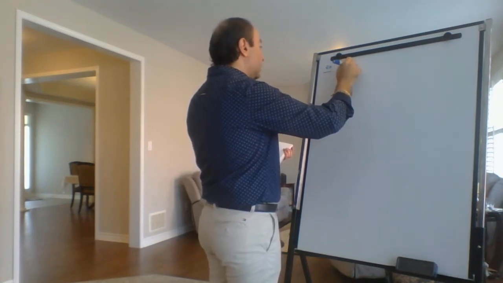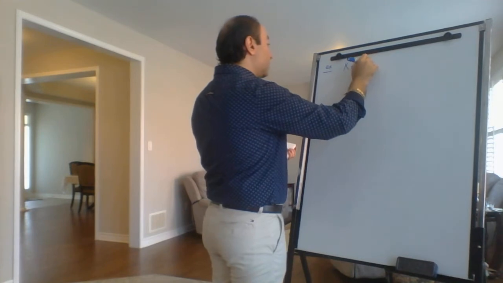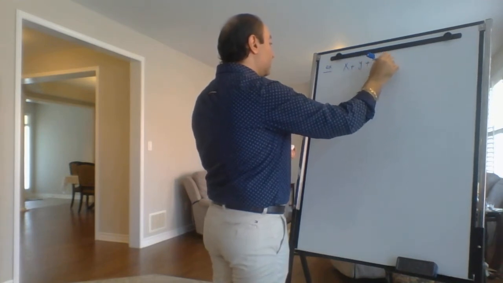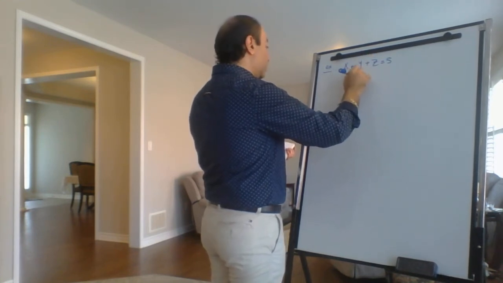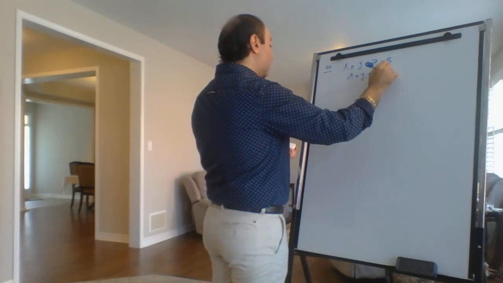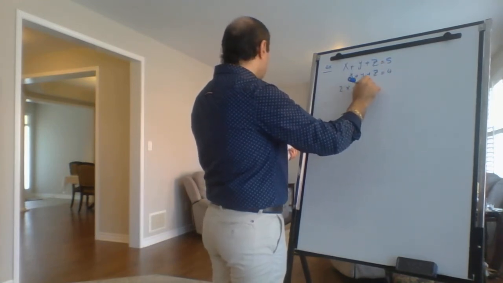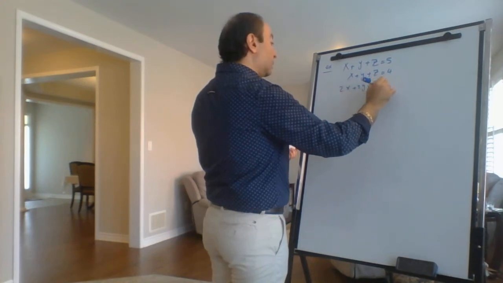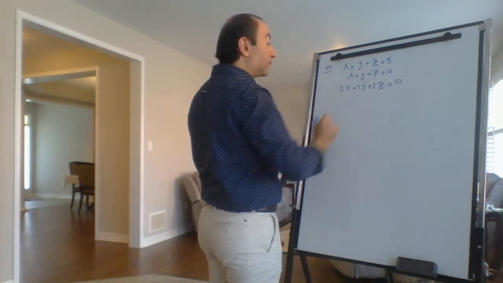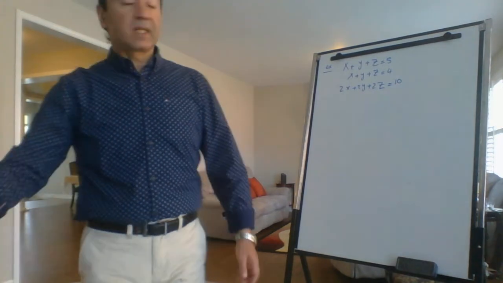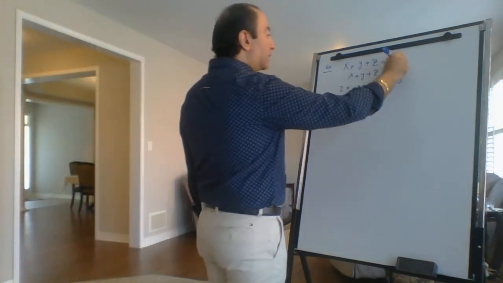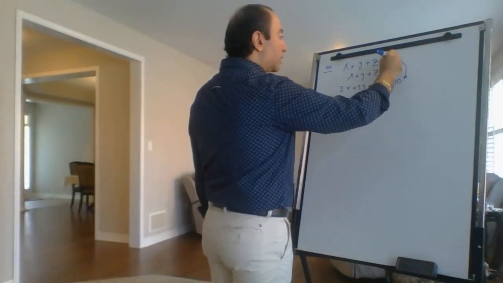So what about this? x plus y plus z equals 5, x plus y plus z equals 4, 2x plus 2y plus 2z equals 10. When I look at this, I find that these 2 equations are scalar multiples.